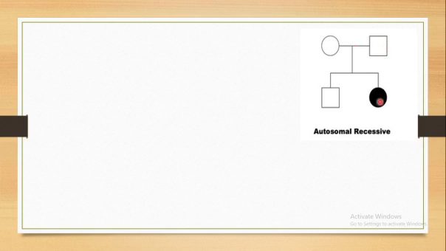When you see such a condition, we can be almost sure that this is a recessive trait. That means the character is expressed only in the homozygous form of the recessive alleles.